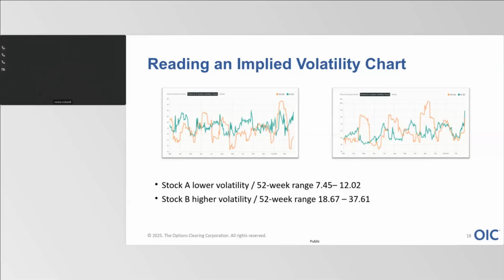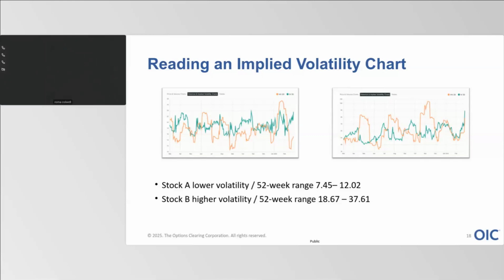You can see the range on the left here, it's probably hard to see, is 7 to 12. So we have a volatility that is 7.5 to 12 at the highest. That means we've got some stability in this.